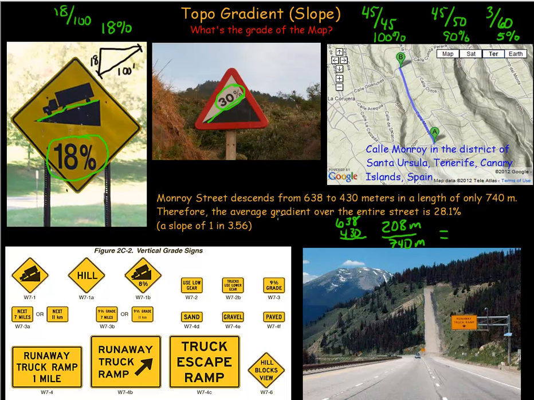And that actually means that for every 3.56 feet, and it doesn't matter if you use meters or feet, could be miles, this road goes down 1. And that's actually a very steep slope.